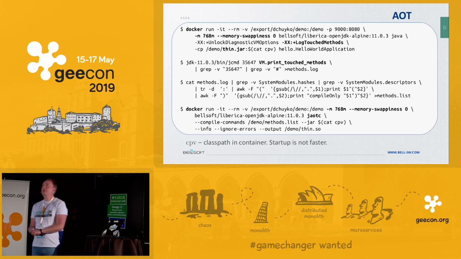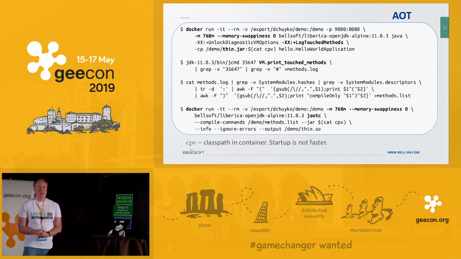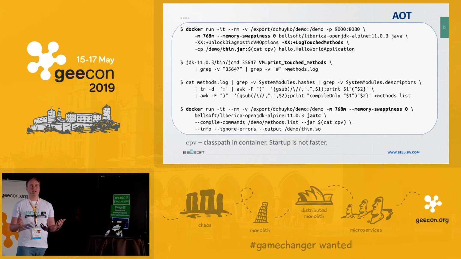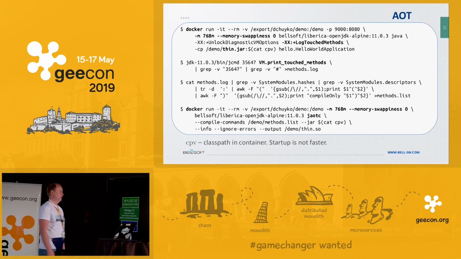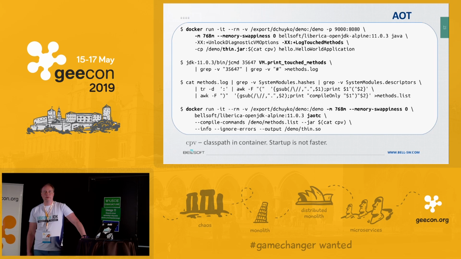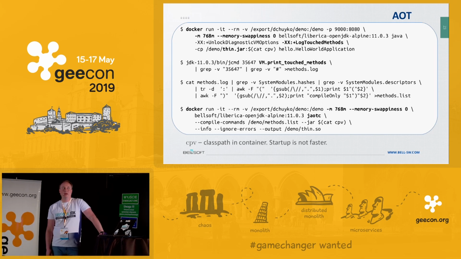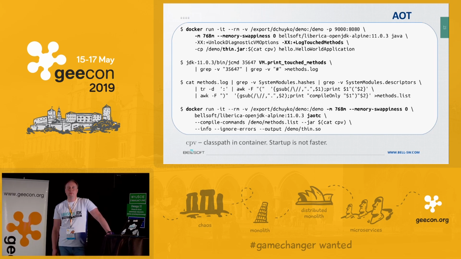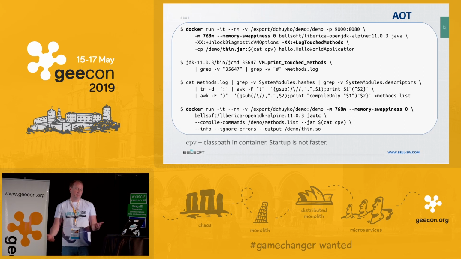But we have to process the data to make it again available for HotSpot. Unfortunately, different parts of HotSpot sometimes use different formats for everything. There is also one more format, the compilation log. You may want to compile ahead of time methods that were JIT compiled because they're hot.